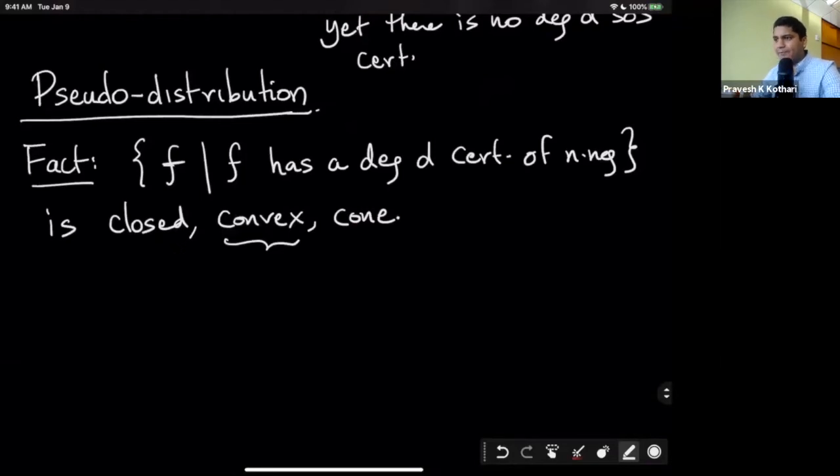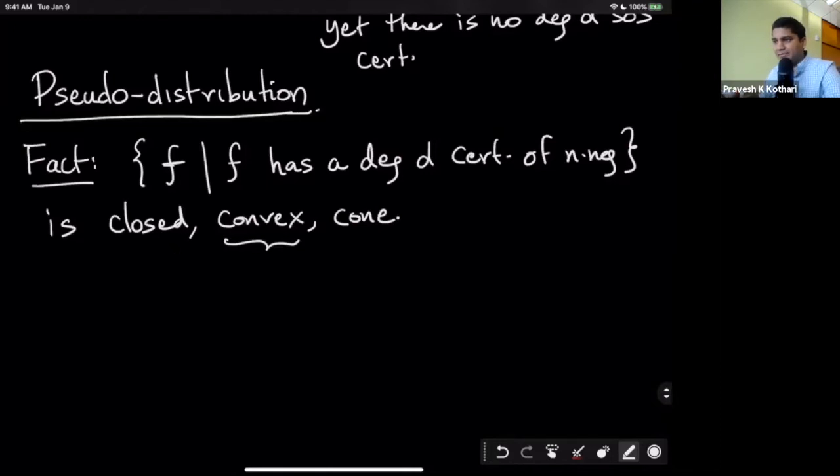Well, if f1 and f2 have degree d SOS certificates of non-negativity, then any convex combination of them would have an SOS certificate too, just by taking convex combinations of the polynomials that appear.